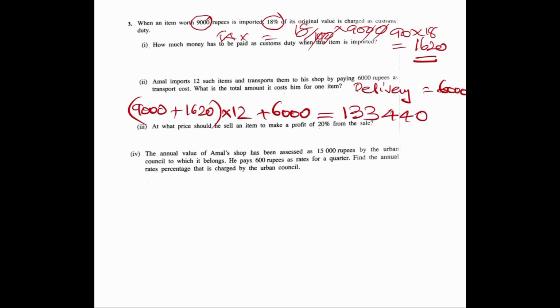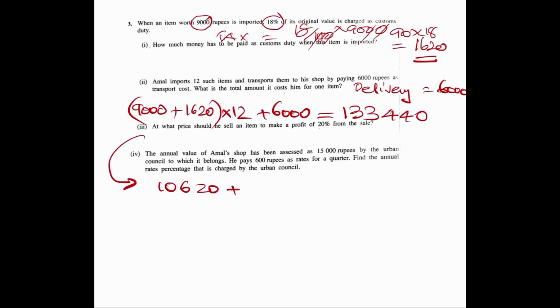Then they ask at what price should he sell a single item to make a profit of 20%. I want to find out how much each will cost. The original price was 9,000, plus the duty makes 10,620.